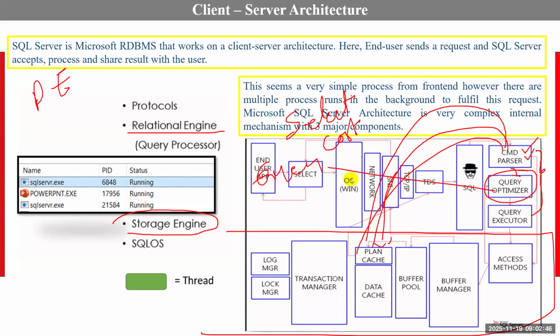Optimizer knows the information: this table, sales order details, contains this many records. It knows the information because in the backend we are updating the data to the optimizer. So optimizer knows that this table contains this much data.